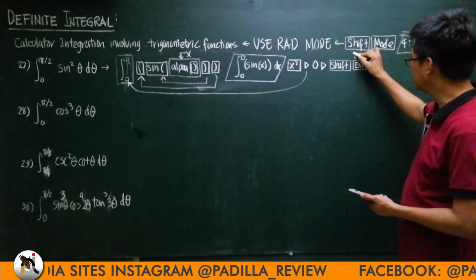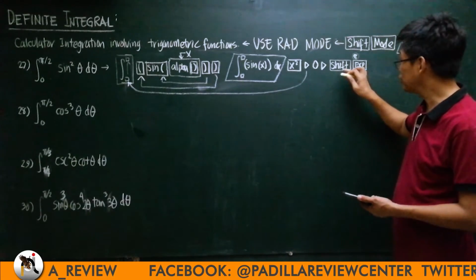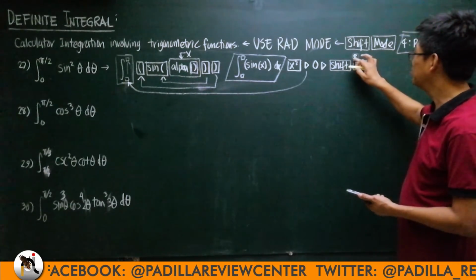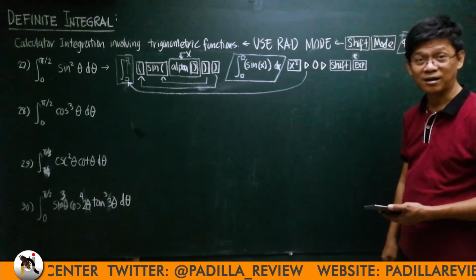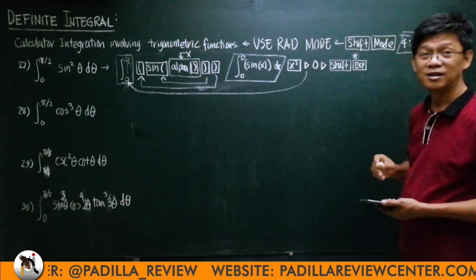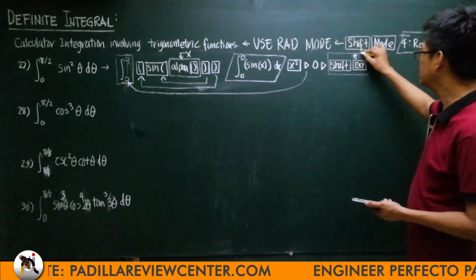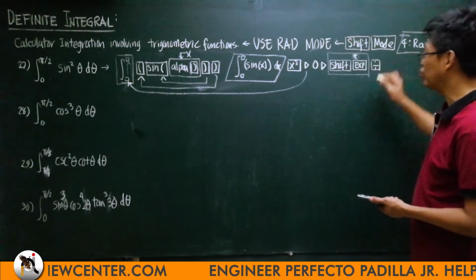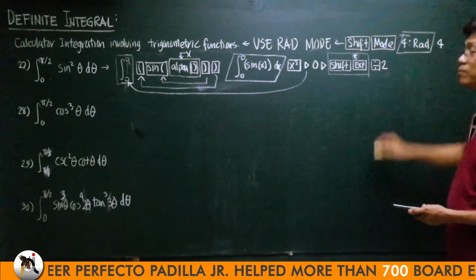To activate the number on top of a key, shift is the key. So shift that key, meaning you are activating this red expression. So shift exponent is the pi. Then divided by, or you may use the fraction key, divided by 2.